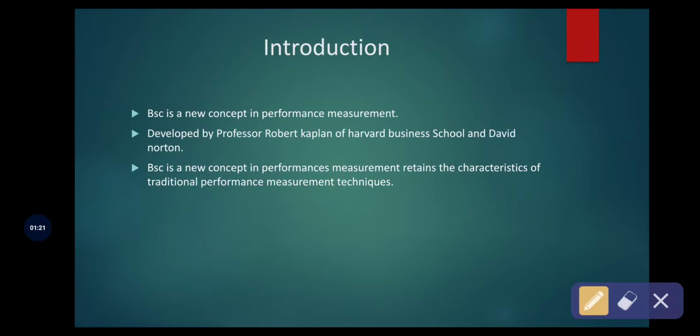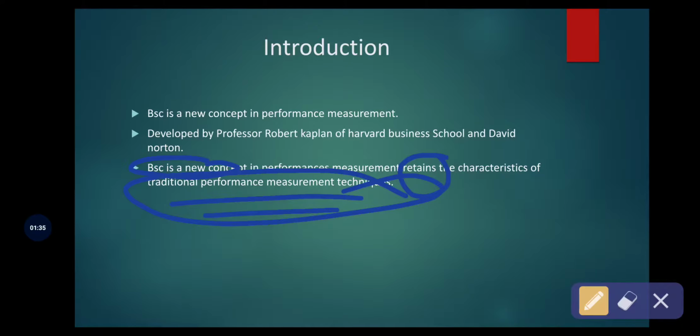It is a new concept, but still it has the characteristics of the traditional performance techniques. Whatever traditional techniques we have, these two persons added some more techniques in the new concept, called the balanced scorecard.